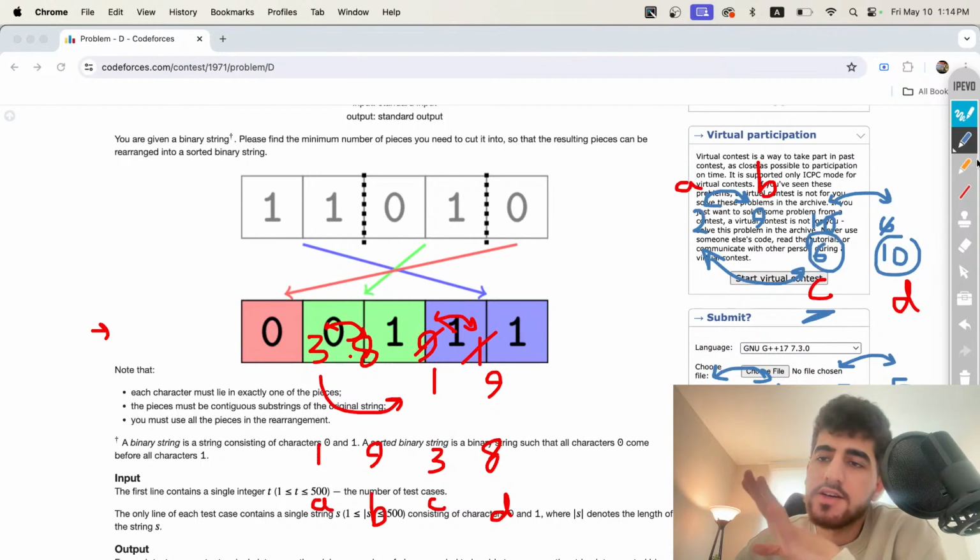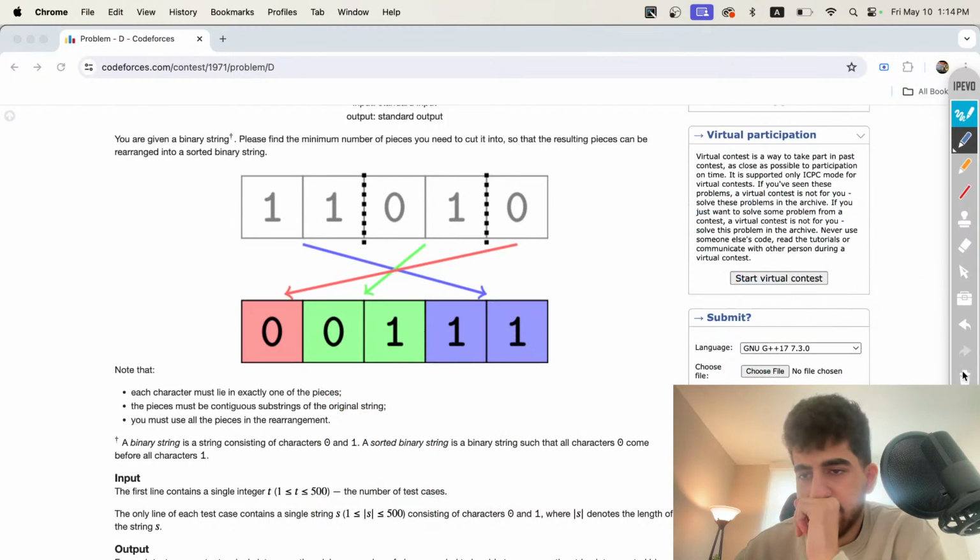The first thing I want to mention when I see this problem is that you will think all of the parts should consist of only ones or only zeros.